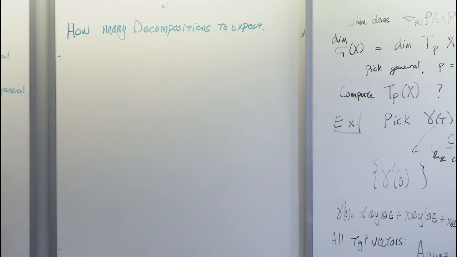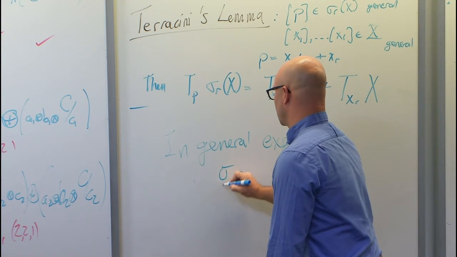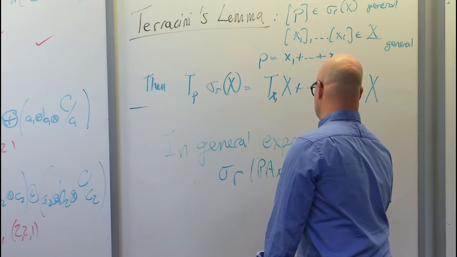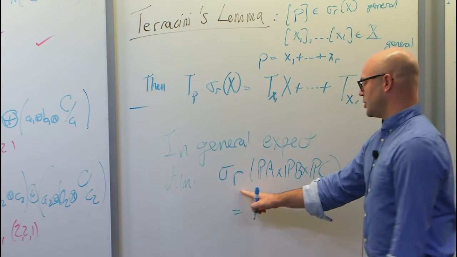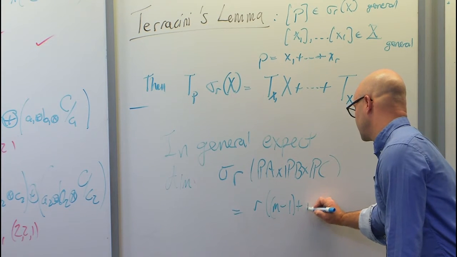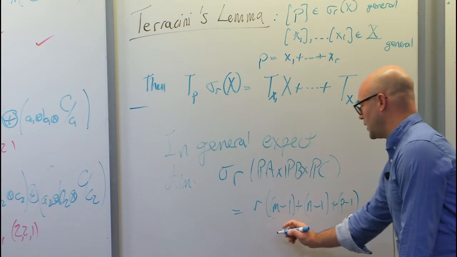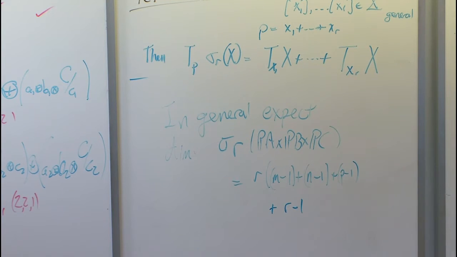So in general, we expect the dimension of sigma_r of P A cross B cross C. Well, I need to choose r points from this space, and then I need to choose a point on the r-plane which they span.